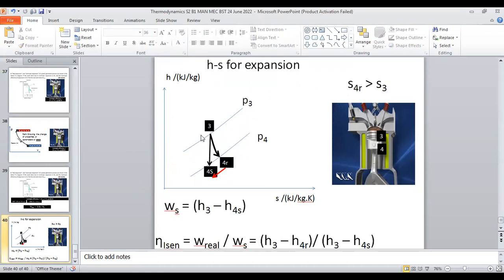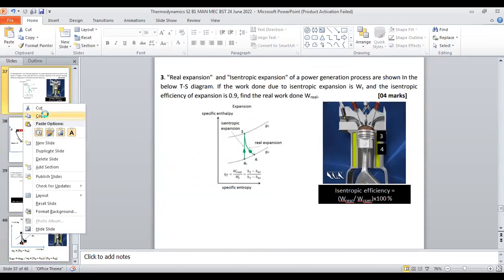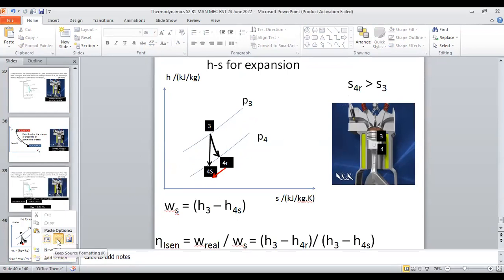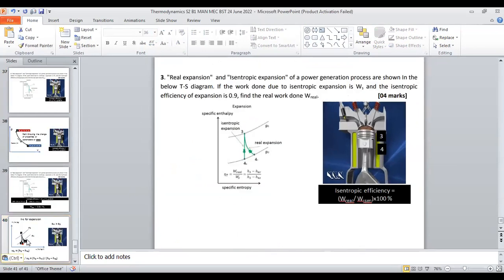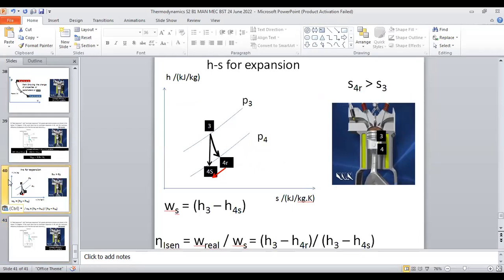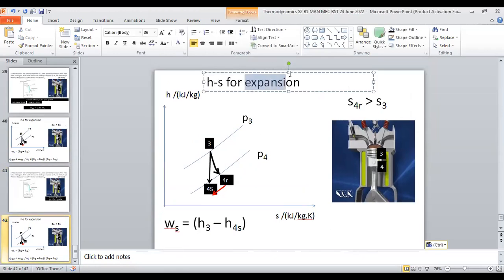Okay. It's just for compression. HS curves.